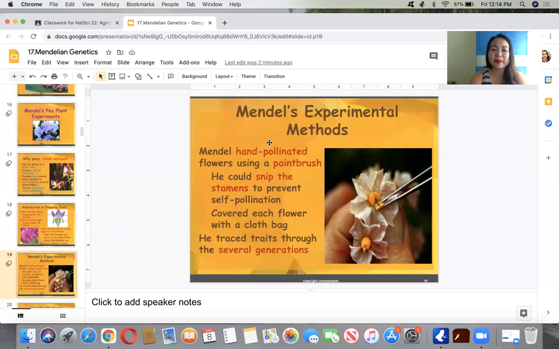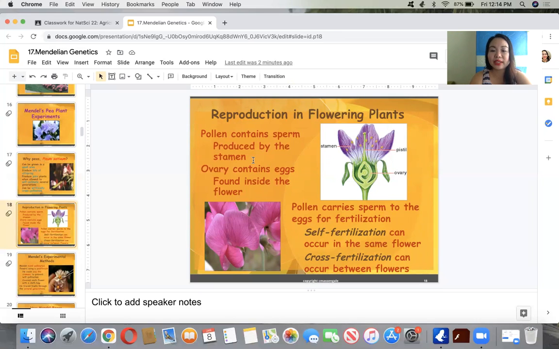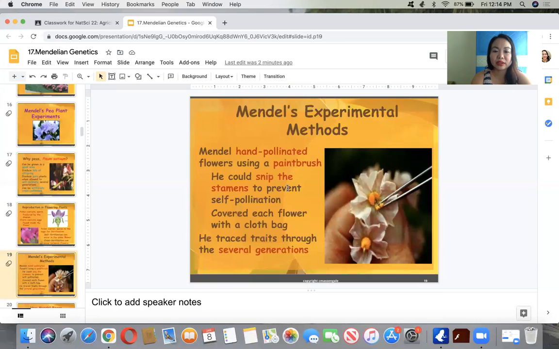Mendel's experimental methods used hand-pollinated flowers using a paintbrush, and he could snip the stamens to prevent self-pollination and cover each flower with a cloth bag.